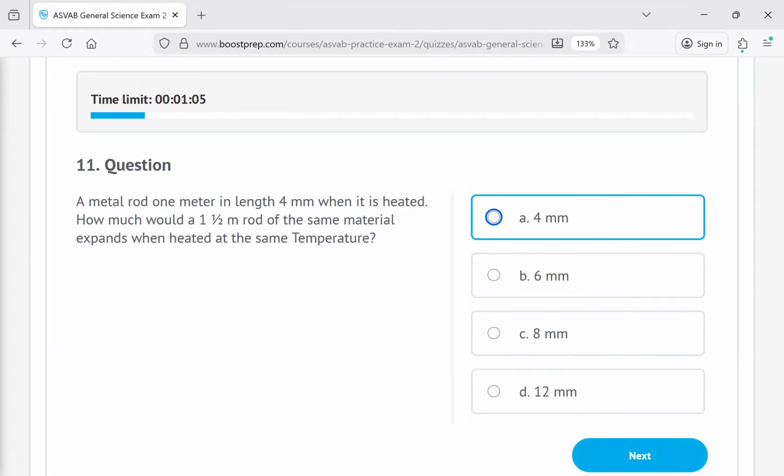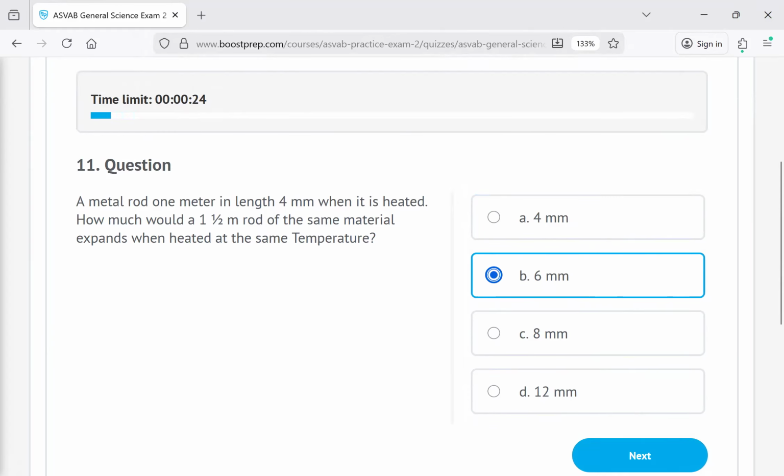How much would a 1.5 meter rod of the same material expand when heated at the same temperature? That would be 6 millimeters.